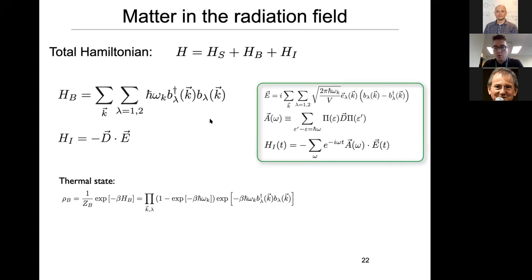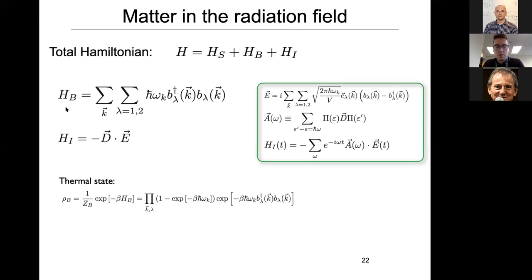These Fourier modes are labeled according to the wave vector k and polarization lambda. In this expression, the operator b_{λk} defines the annihilation operator of our radiation field, and b dagger defines the creation operator of our radiation field.